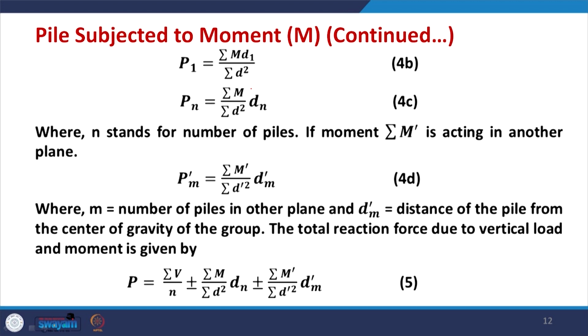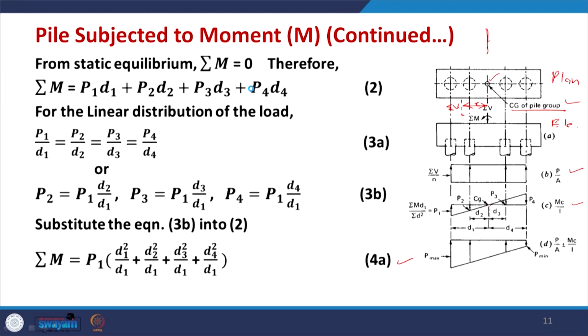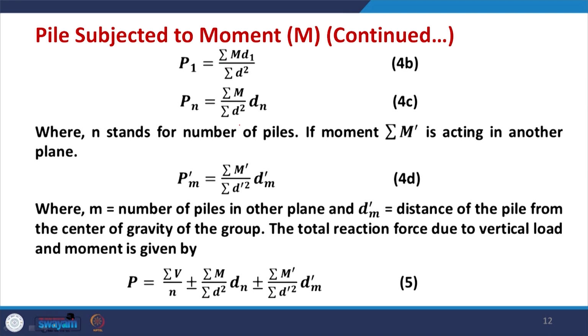This was the case for the first pile. When you keep 2, 3, 4, the generalized form of this equation can be written as Pn equal to summation of M dn over summation of d square. This is for one direction, where n stands for the number of piles.